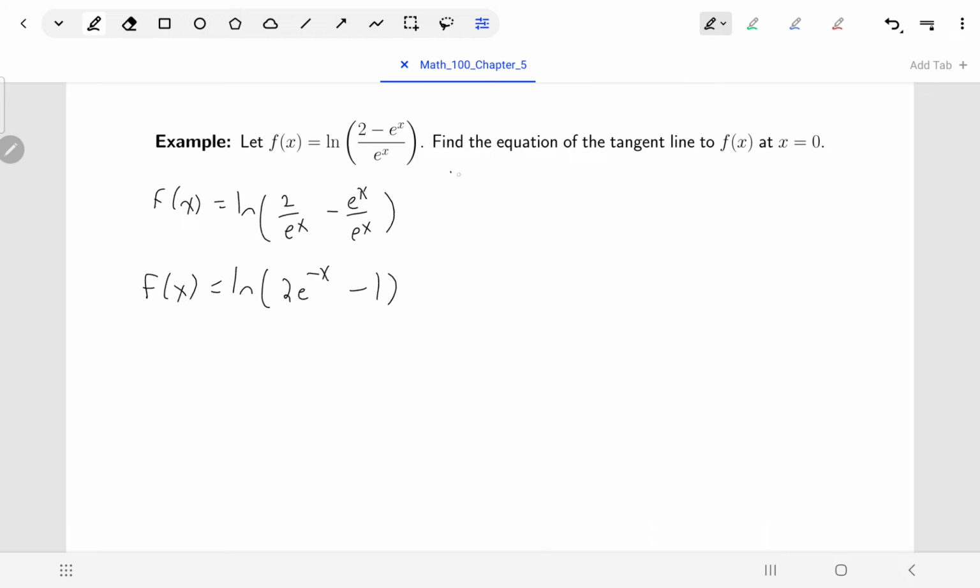The other option that I might consider doing might be to take what I have here, this 2e to the minus x over e to the x, and use my natural log property and say instead f of x is natural log of the numerator minus natural log of the denominator. And then for that, natural log of e to the x is just x.